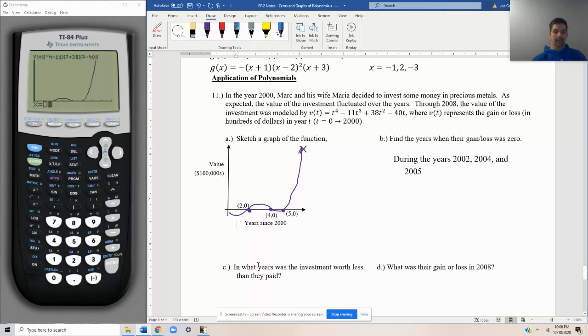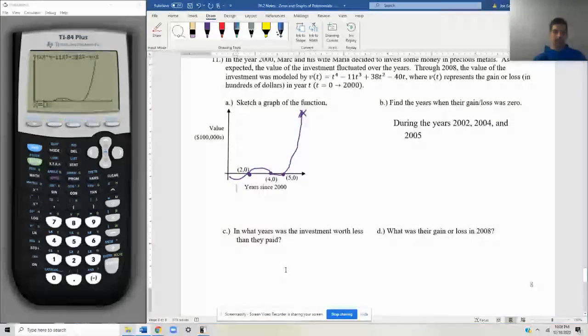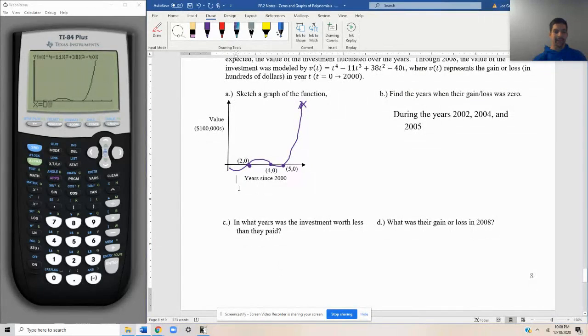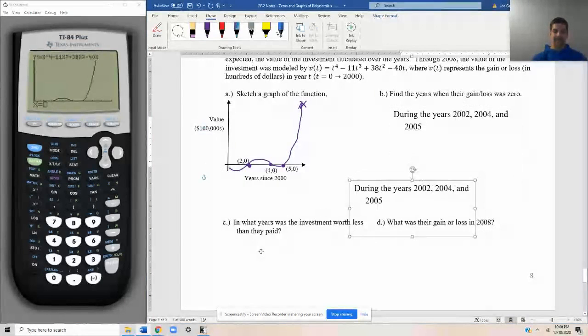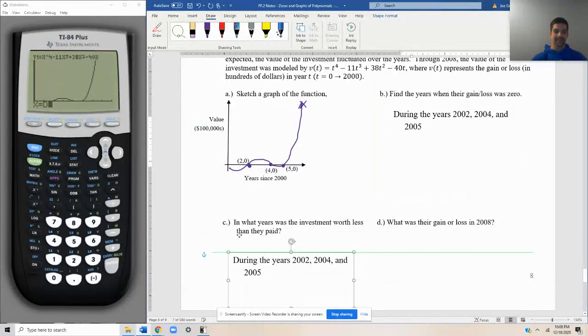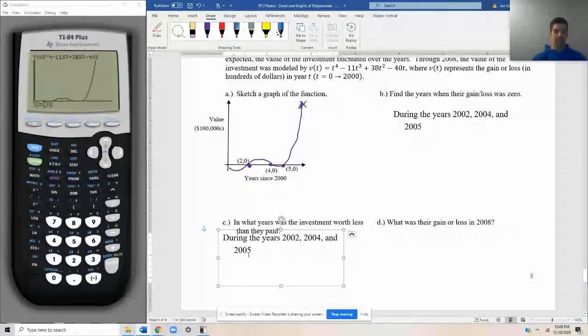Now it says, in what years was the investment worth less than they paid? So we can take a look at this graph here and we can see anything that's below the x-axis is less than what they paid. So we can tell that initially this graph starts below and stays below until it intersects the x-axis at 2002.